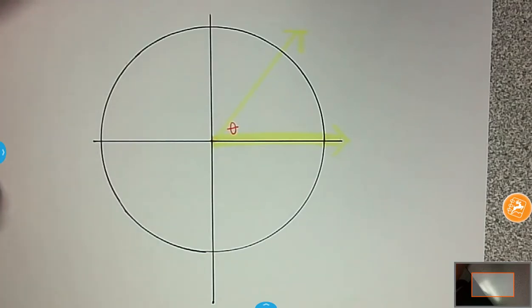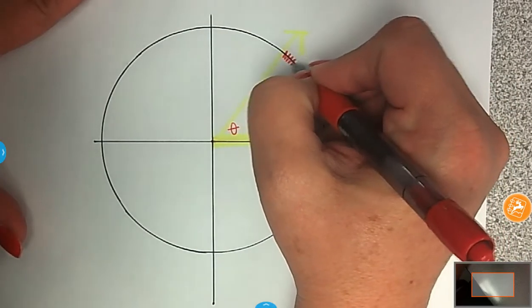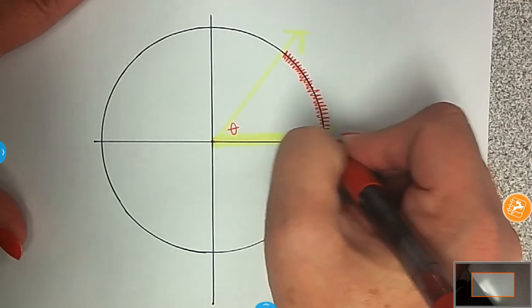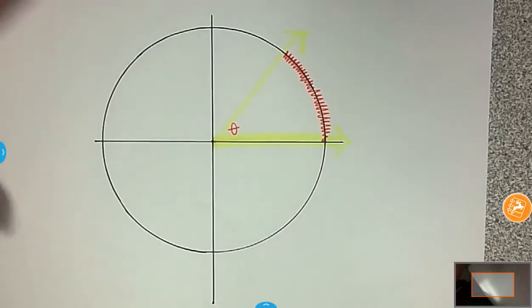When we're talking about arc length, when you did it in geometry, you talked about how long this part of the circle inside that angle was with respect to the circumference of the entire circle.